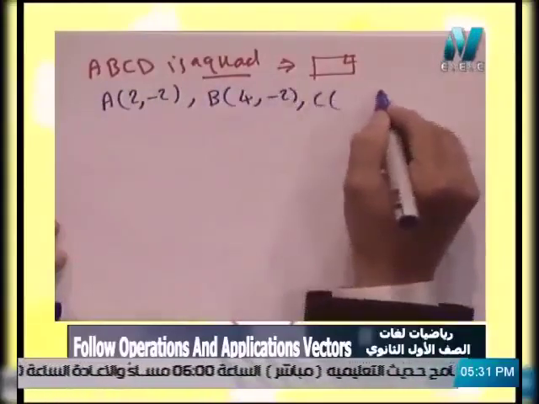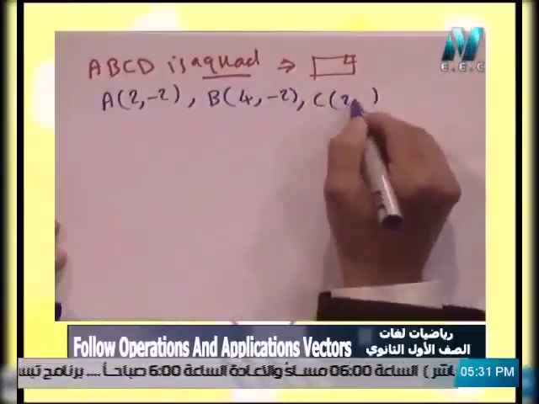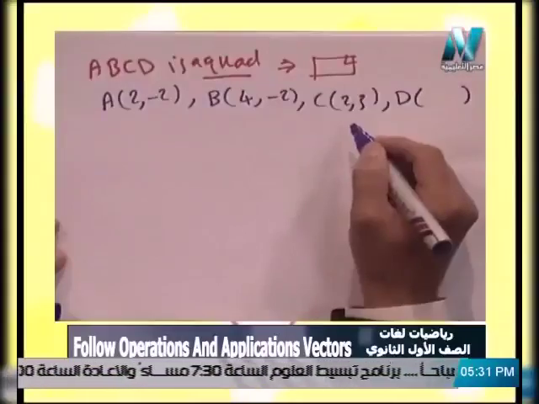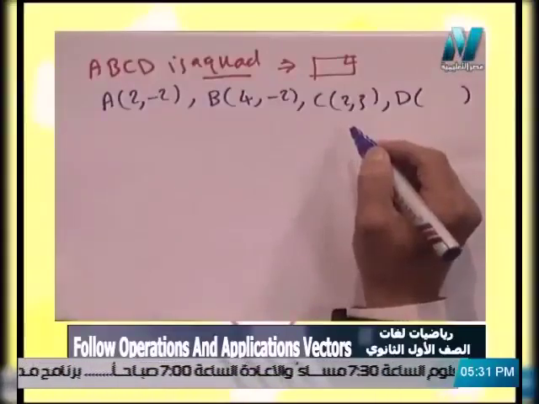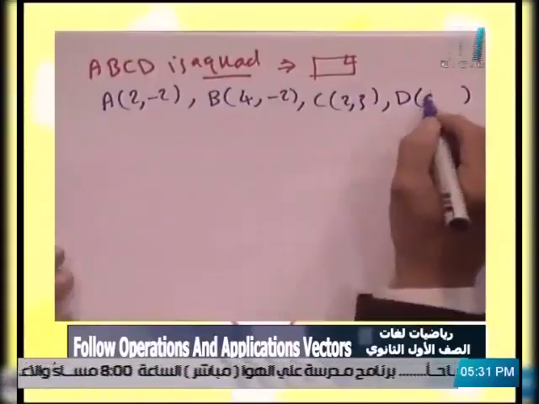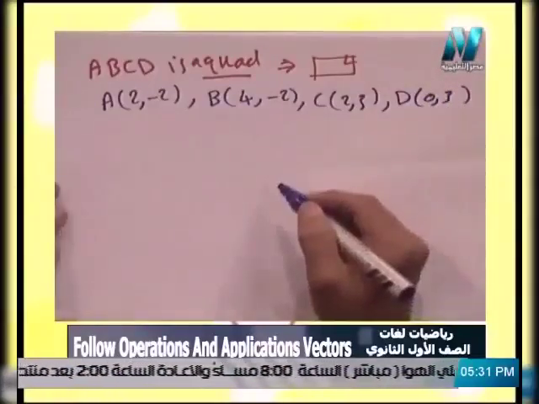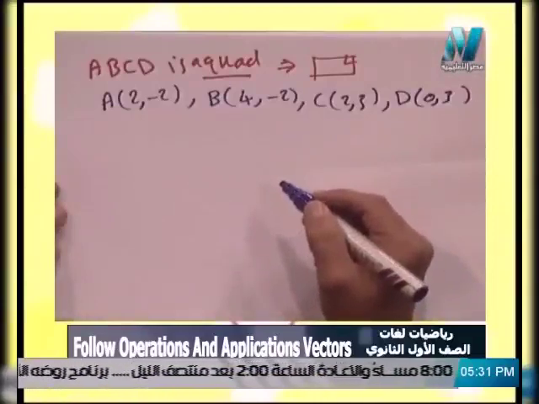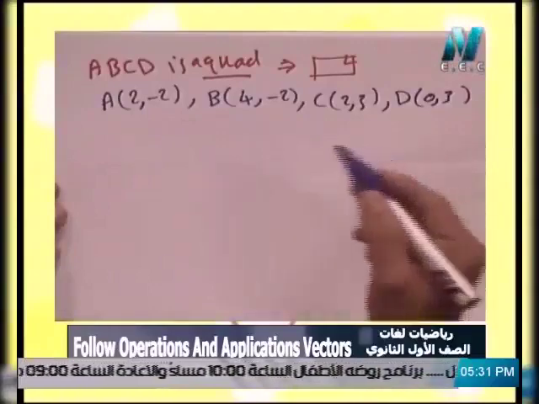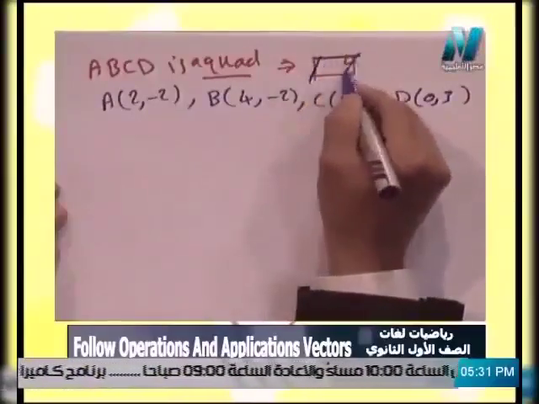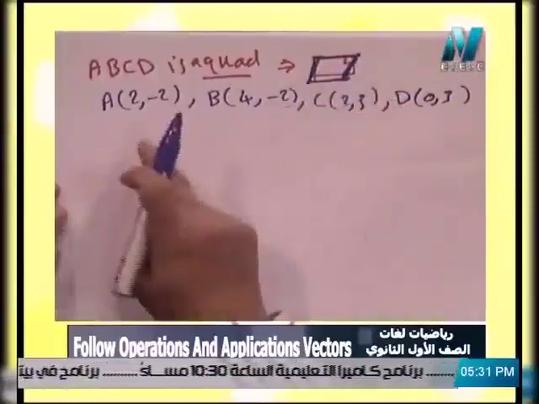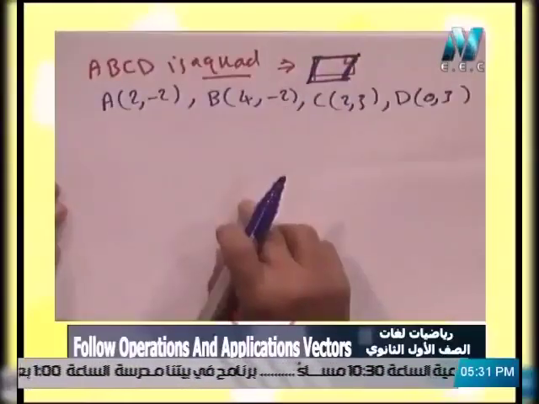The point C is (2, 3). And finally the point D is, okay, (0, 3). Sorry, this example is just to prove that this quad is a parallelogram, so it's enough for this question to prove that ABCD is a parallelogram.